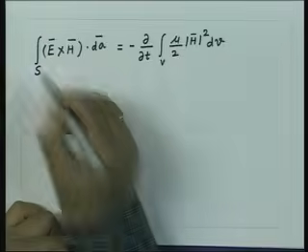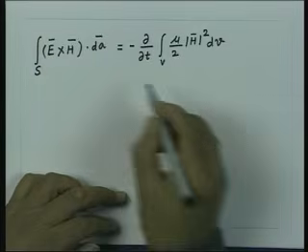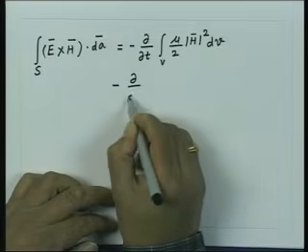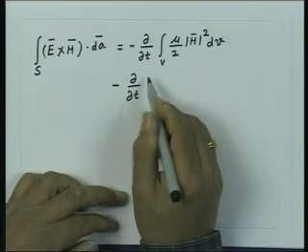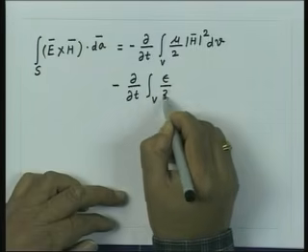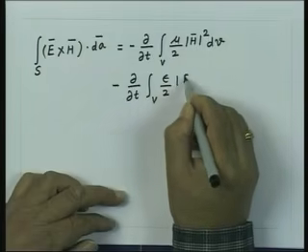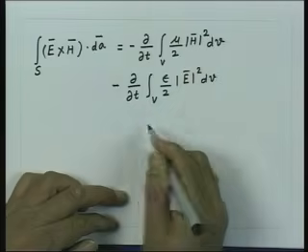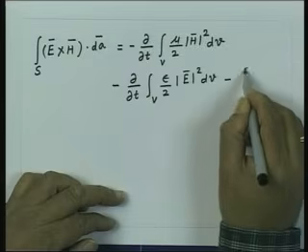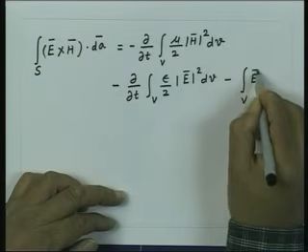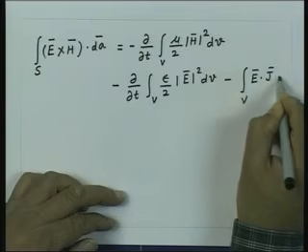This is on surface, which is the closed surface, minus again d by dt integral over V epsilon by 2 mod of E square dV minus integral over V E dot j dV.